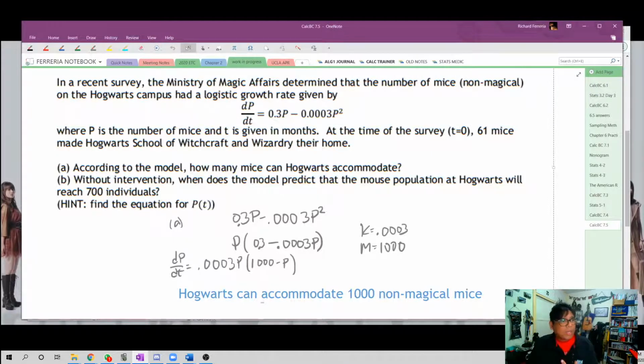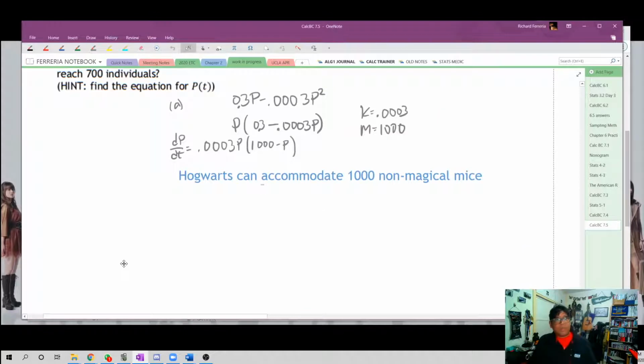Now, without intervention, when does the model predict that the population will reach 700 individuals? So, based on what we're seeing here, we're going to have to go to the population equation. So the population equation, remember, have this memorized. This is M over 1 plus A e to the negative M k t.